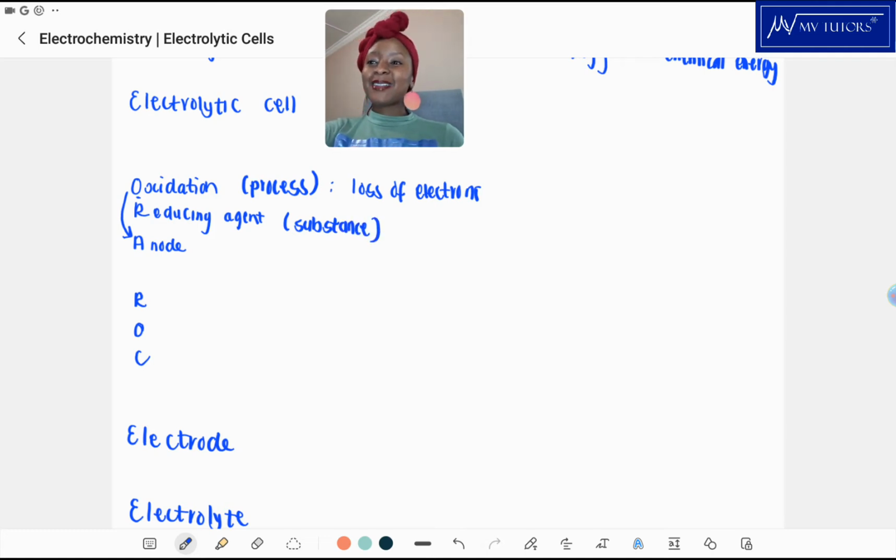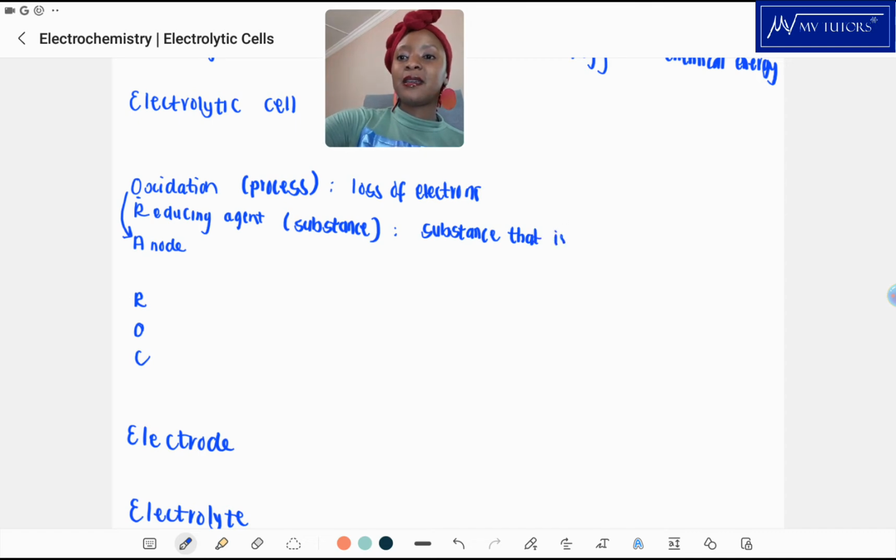Basically, a reducing agent is a substance that is oxidized.